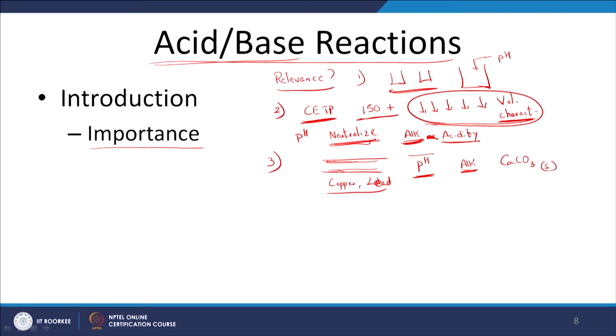For that you need to look at the pH, or by adjusting the pH itself you can lessen the kinetics of the corrosion of copper and lead. This is one other practical example.